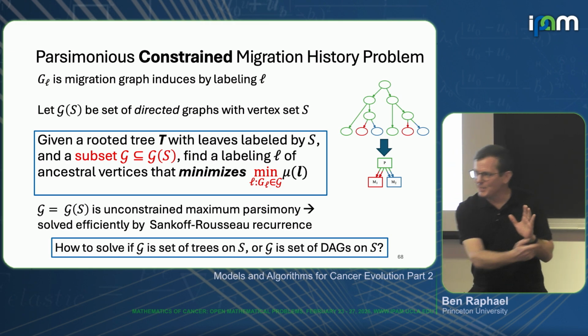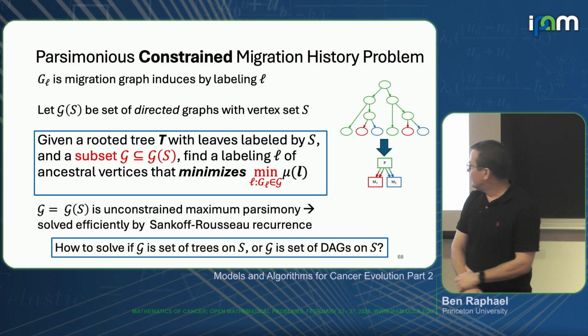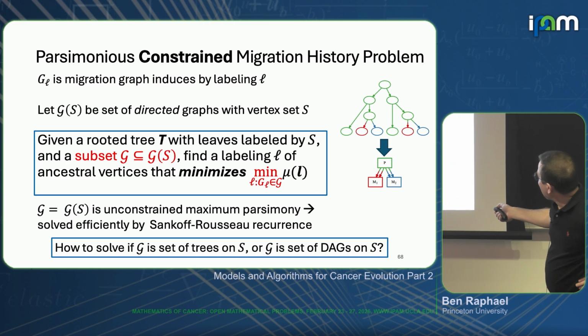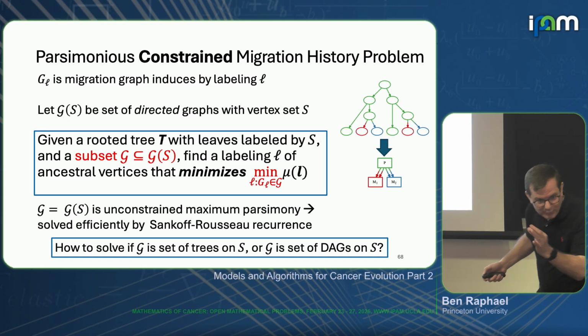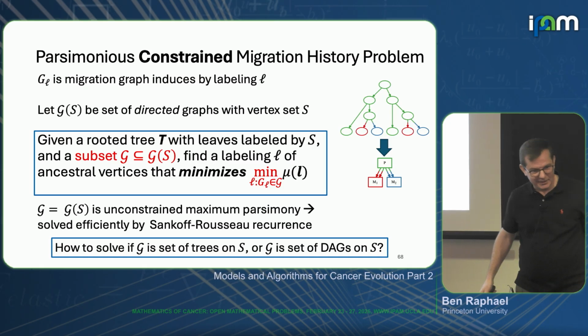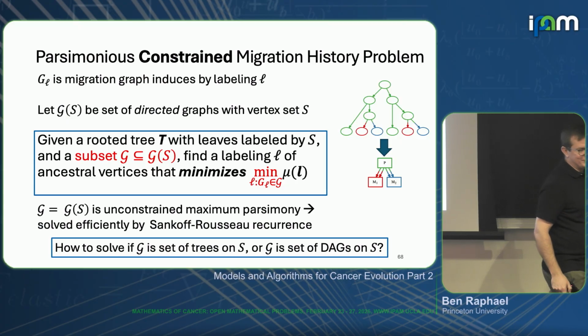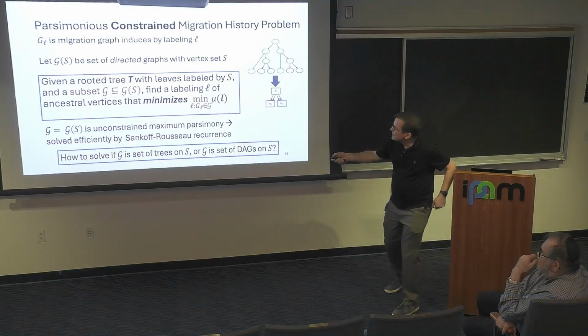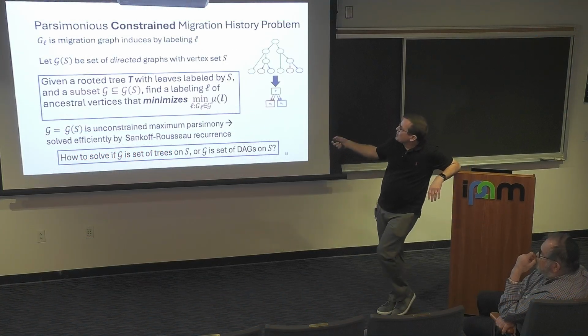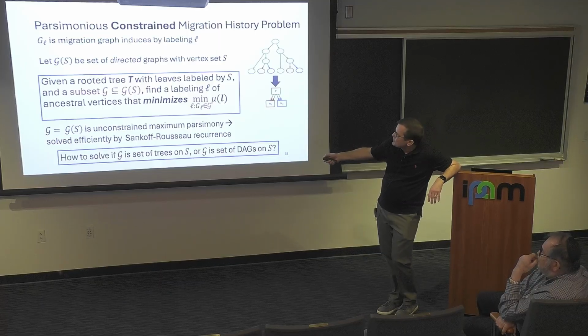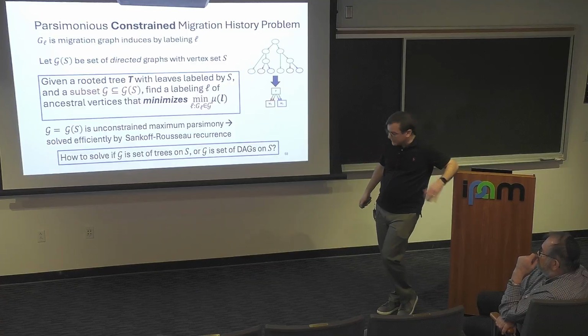It doesn't have any migrations coming back. Or you could do it in such a way so that it has the maximum number of multi-edges if you wanted to analyze this idea of clonal metastases. So now you can try to say, all right, here are all the directed graphs I could have as the summary. Let's constrain this so that I only look at the ones that are trees. And let me try to find labelings so that the summary graph is a tree.